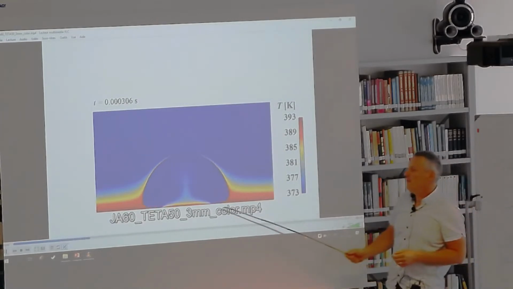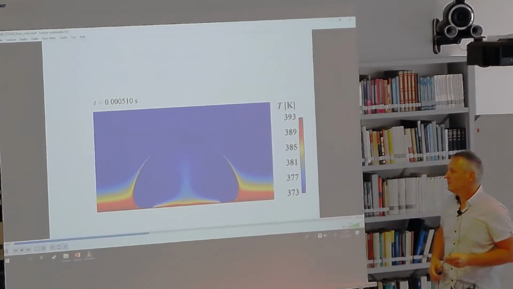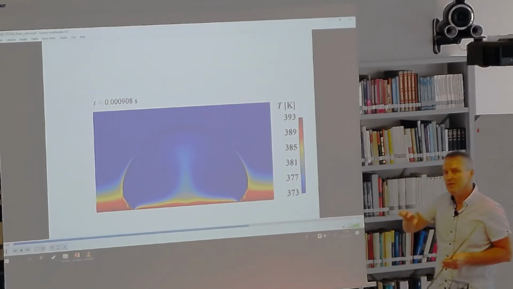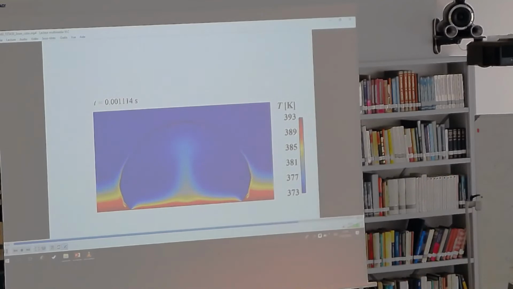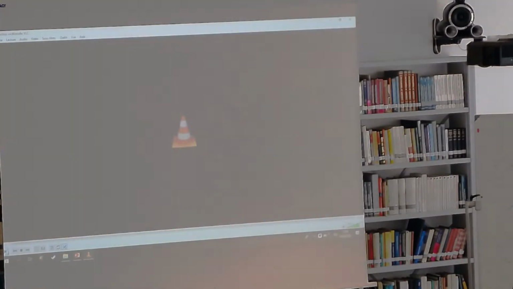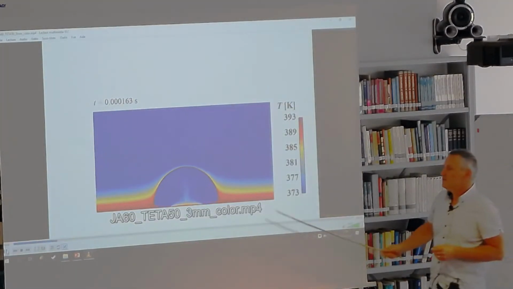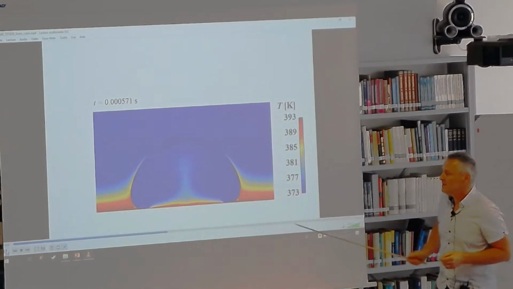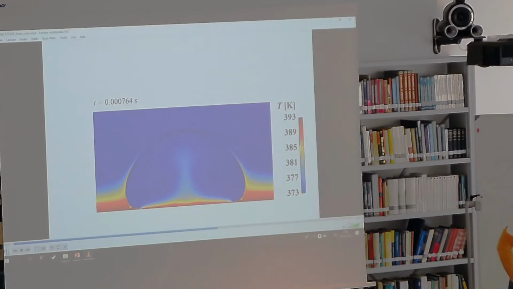And we performed, several years ago, some simulation where we can observe the formation of this very thin liquid film between the bottom of the bubble and the wall. Here you have a very thin liquid film in which strong heat transfer occurs.